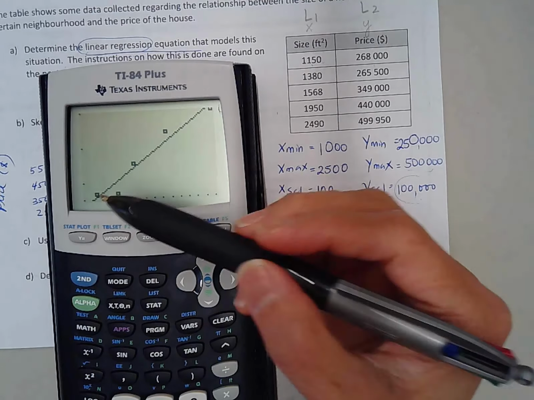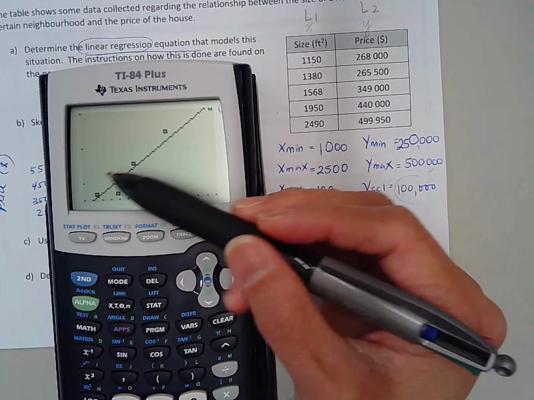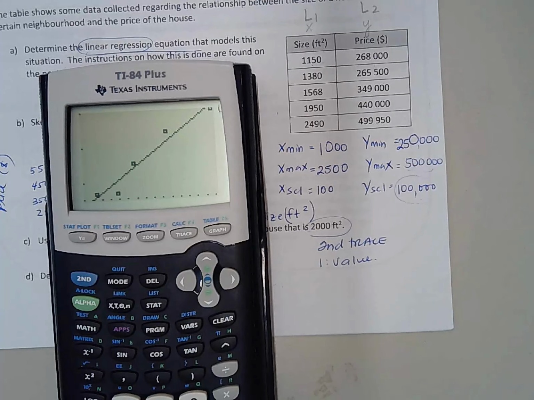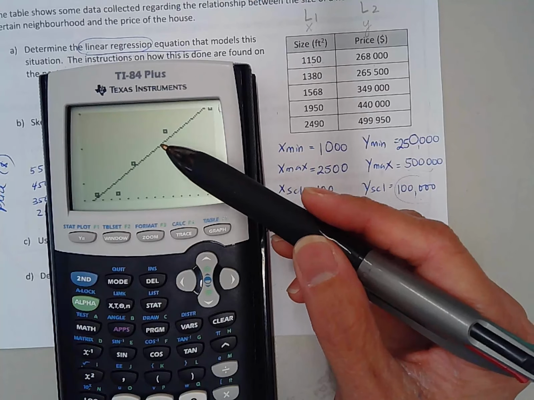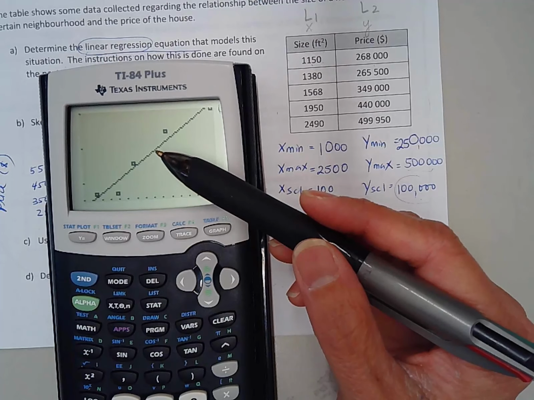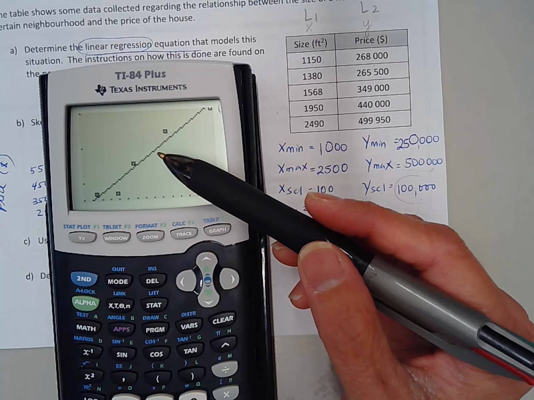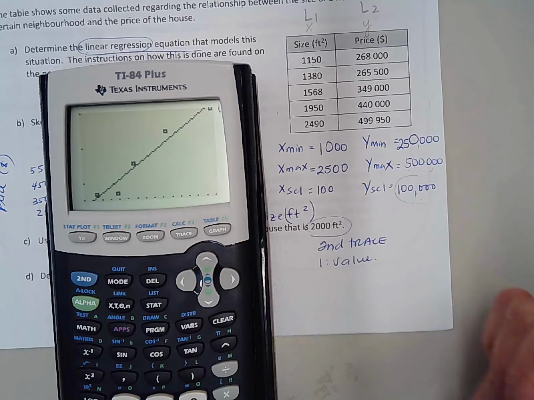Now, this is called a scatter plot. These are the data collected, right? So some houses, even though they're small, maybe they're in a slightly different location, or brand newer than the older one.